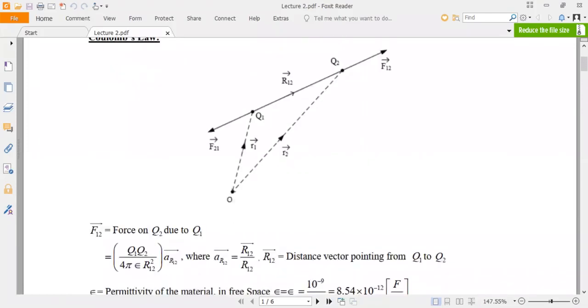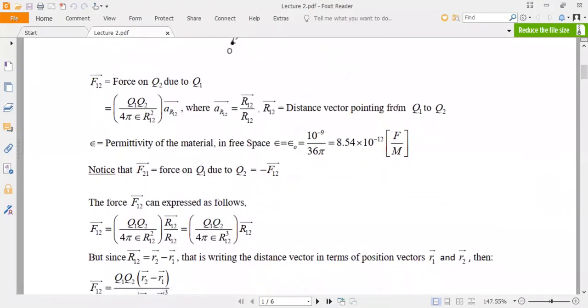Now, if we go further, what is this epsilon? Epsilon is called the permittivity of the material where these two charges are placed. Is that in free space, in vacuum, or are you looking inside some material?